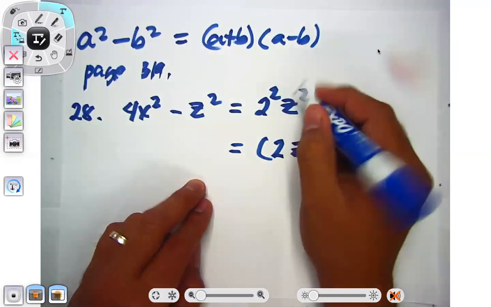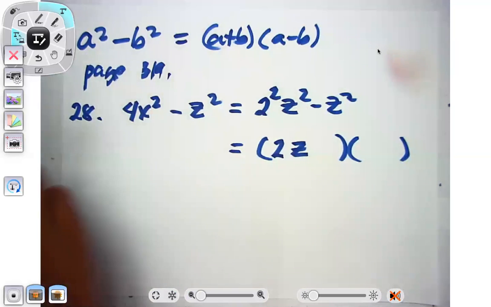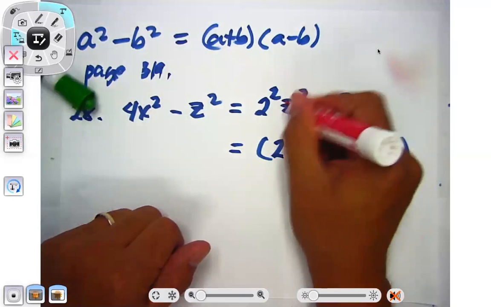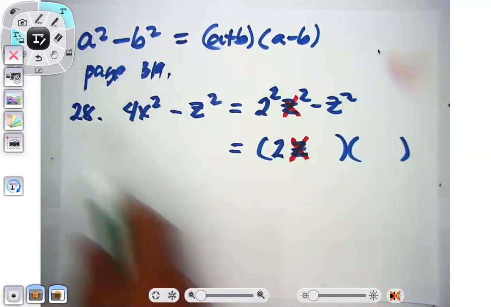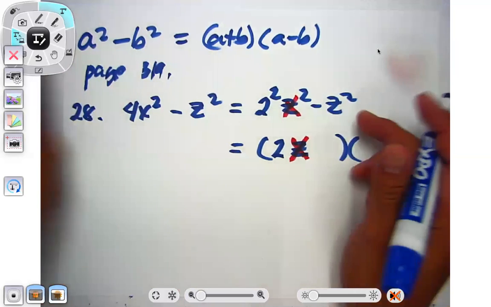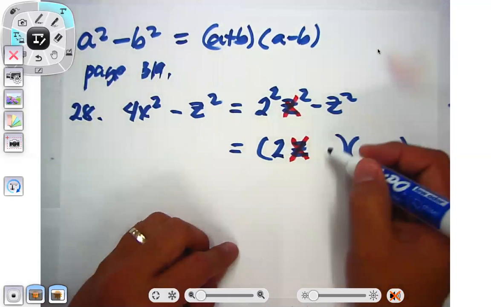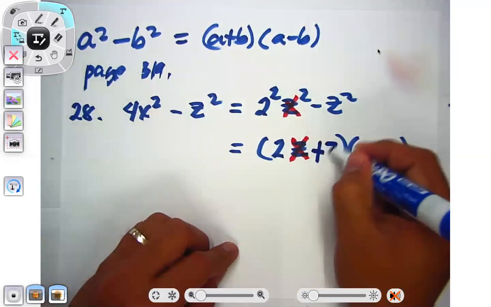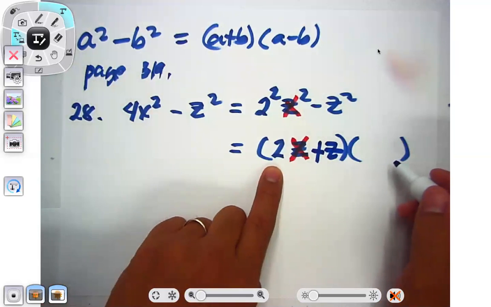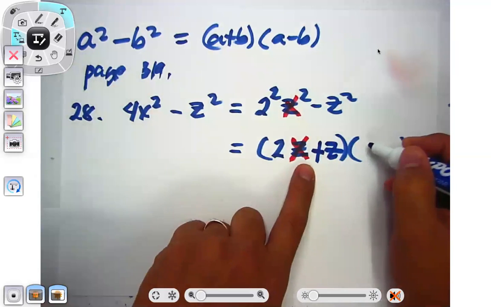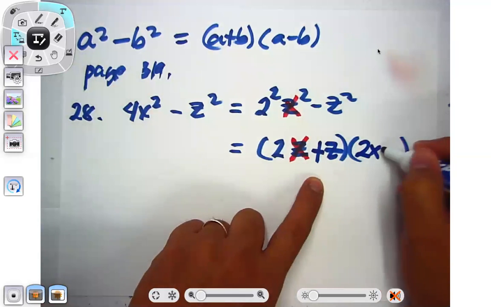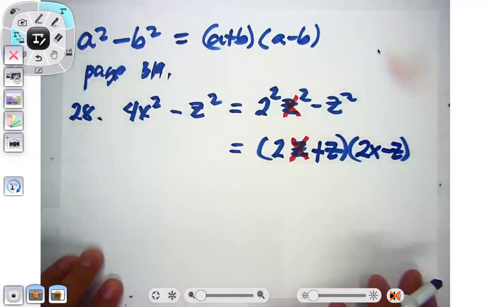I wrote something wrong here. This should be x. I'm sorry about that. And so that will be 2x minus the square root of z squared, which is z. So one of the factors is 2x plus z, and the other one is simply 2x minus z.